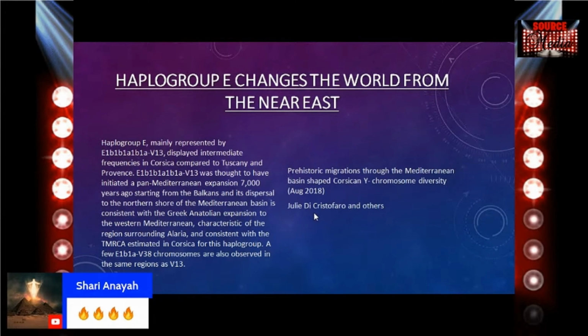A few E1b1a or EV13 chromosomes are also observed in the same regions, that's plural, as EV13, which we always point out means where you see E1b1b, E1b1a is right there too.